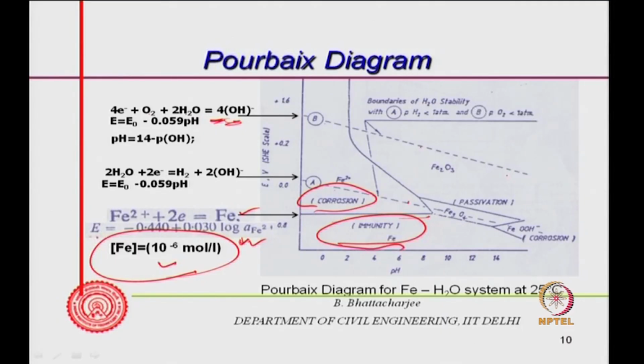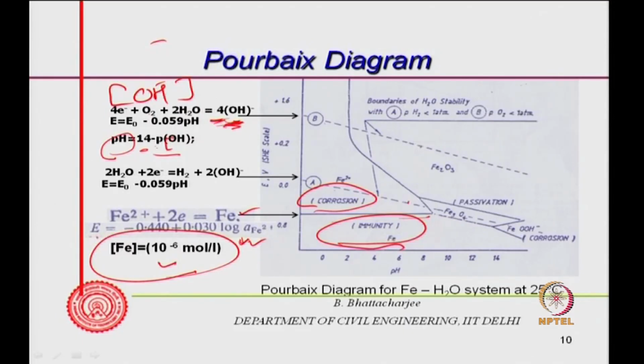Now, if you calculate, the OH ion concentration can be replaced by pH, because when you write down the Nernst equation for this, I will have the concentration of hydroxyl ion. That can be replaced by the concentration of hydrogen ion, and I know the negative of log hydrogen ion concentration is pH.